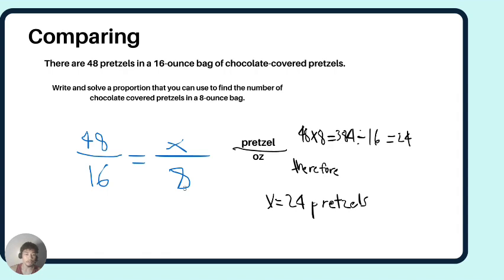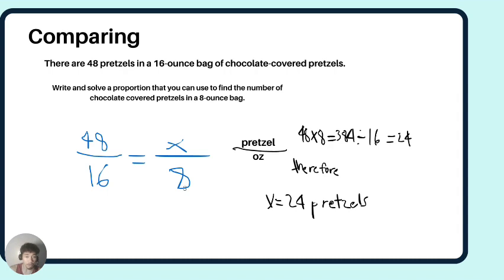Another example would be comparing the 48 pretzels in a 16-ounce bag of chocolate-covered pretzels. Here is the solution, where we are going to write a proportion that we can use to find the number of chocolate-covered pretzels in an 8-ounce bag.